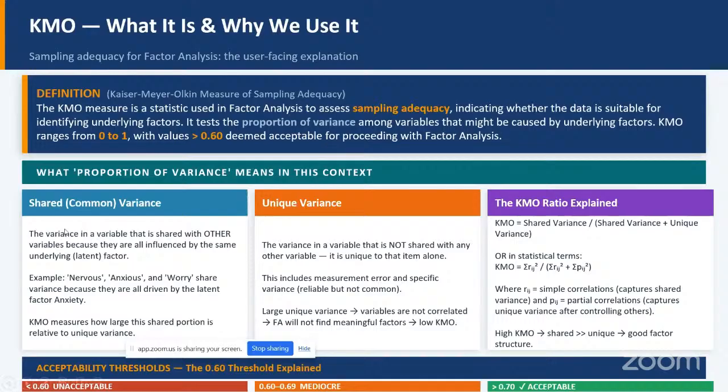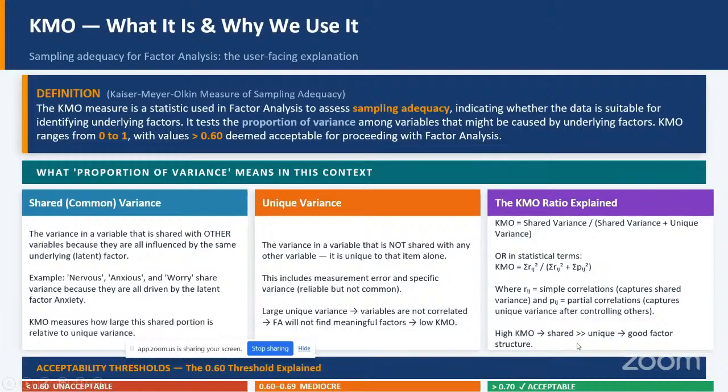Okay. These are the variances. What is the proportion of variances? This is the shared variance and this is the unique variance. When the shared variance is greater than or equal to the unique variance, then it has high KMO and we can have a good factor structure.